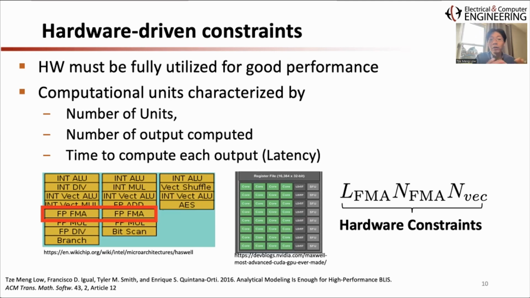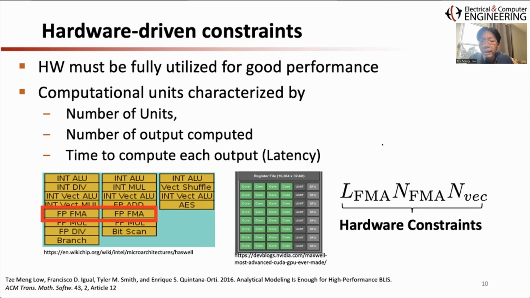Now, if you're familiar with instruction pipelining and things like that, then if you multiply the number of units, the number of outputs, and the latency, or the time it takes to compute each output, then what you have is a formula given by this product below.